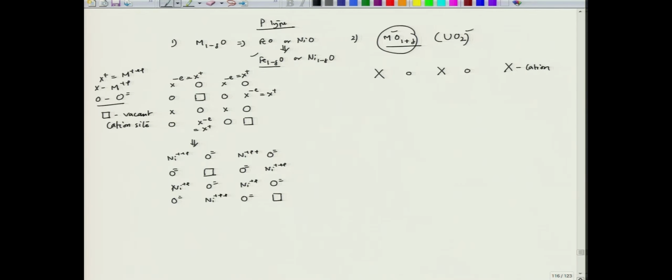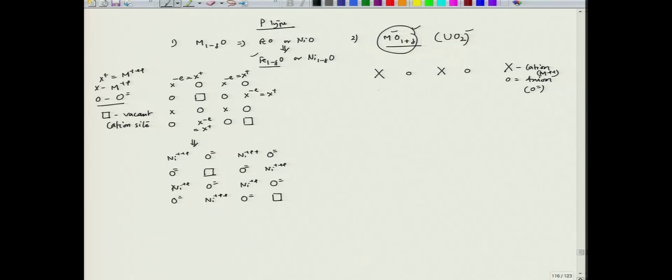We are not taking the actual picture of uranium oxide, but just a hypothetical oxide MO1+δ, and this is M++.